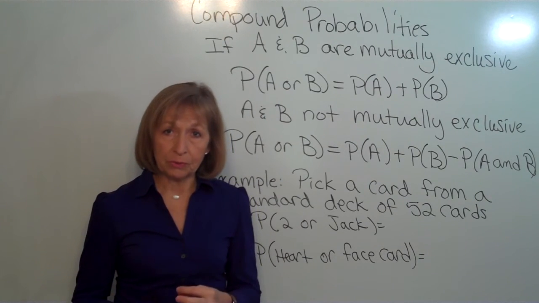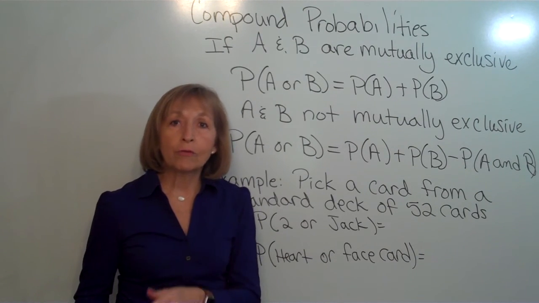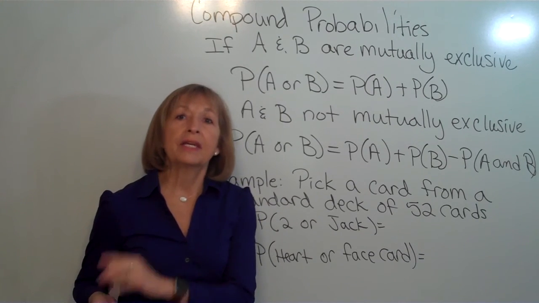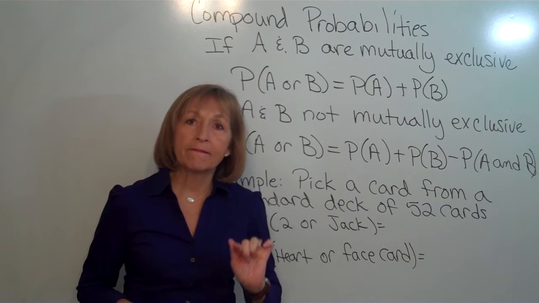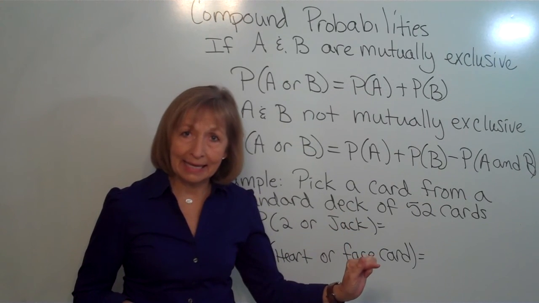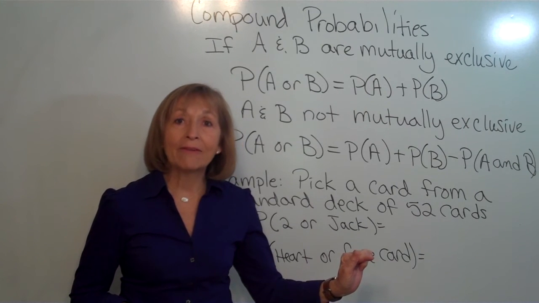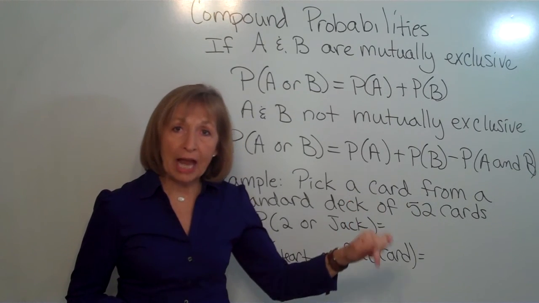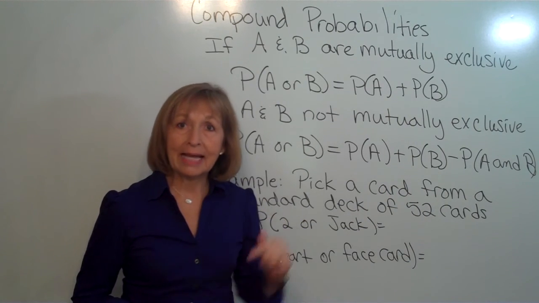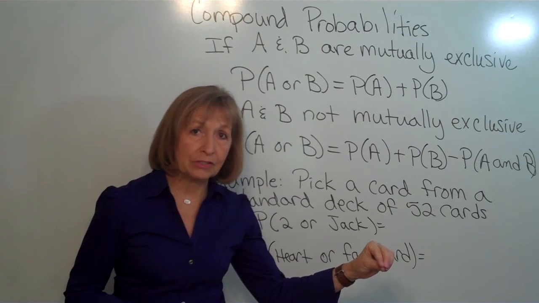In the suit, the cards go from ace, which is kind of your 1, and then 2, 3, 4, 5, 6, 7, 8, 9, 10, and then after that it goes jack, queen, king. That's how you get your 13 cards in the suit.